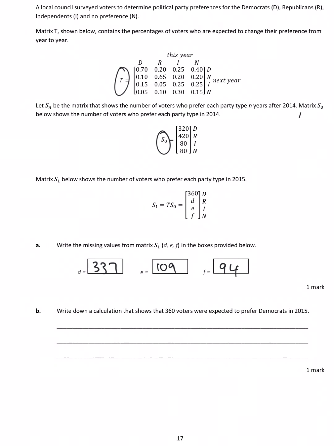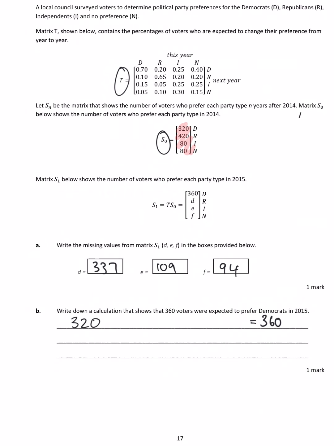Write down a calculation that shows that 360 voters were expected to prefer Democrats in 2015. Okay, so what this is pretty much saying is that 360 people go to Democrats in the next year. Okay, and just show the calculation. So if you look at the year before, which is 2014 up here, 320 people will prefer Democrats.